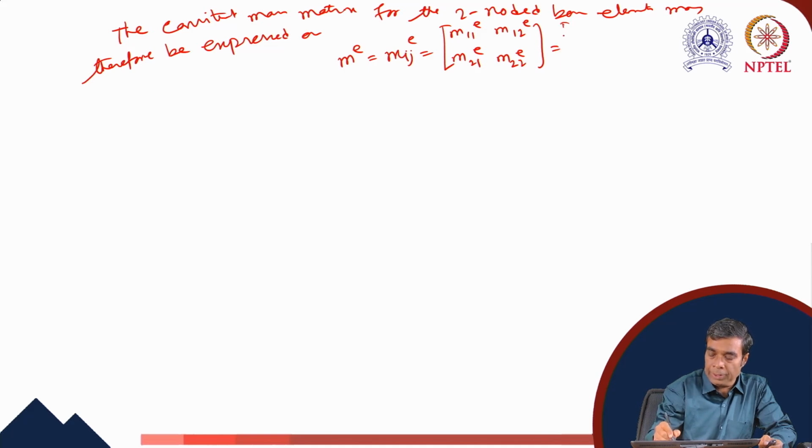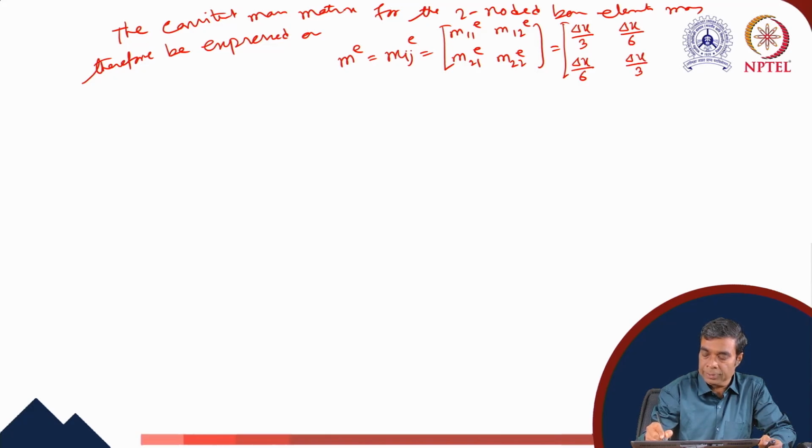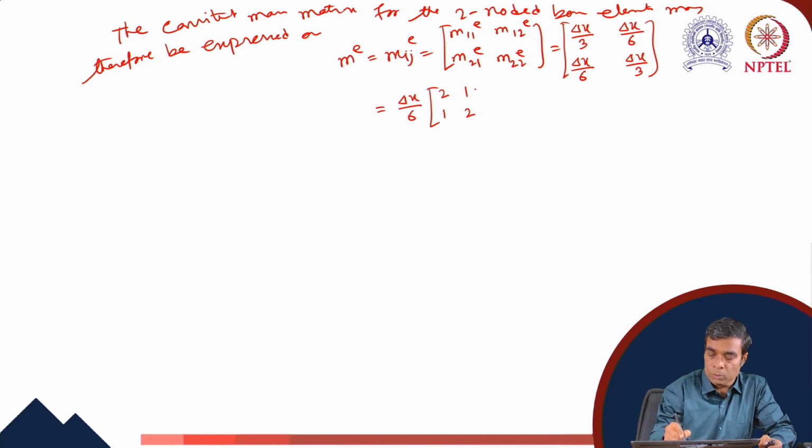So M11e was delta x by 3, M12e was delta x by 6, M21e was also delta x by 6, and M22e was delta x by 3. So this can be represented as delta x by 6 times the matrix 2, 1, 1, 2.